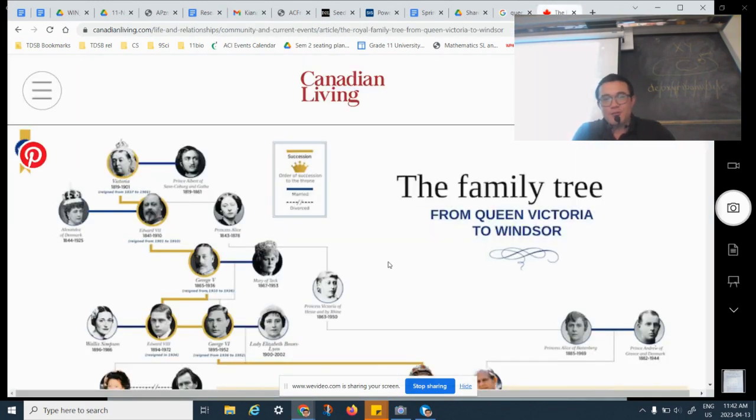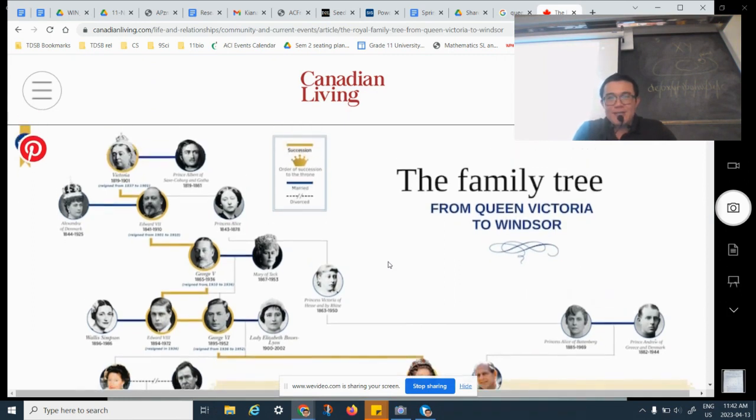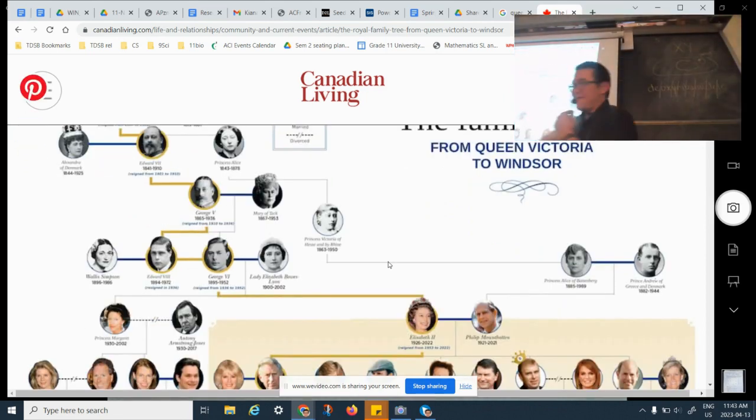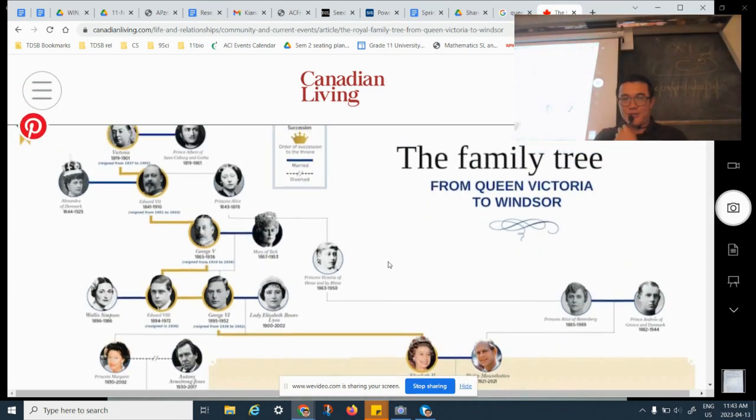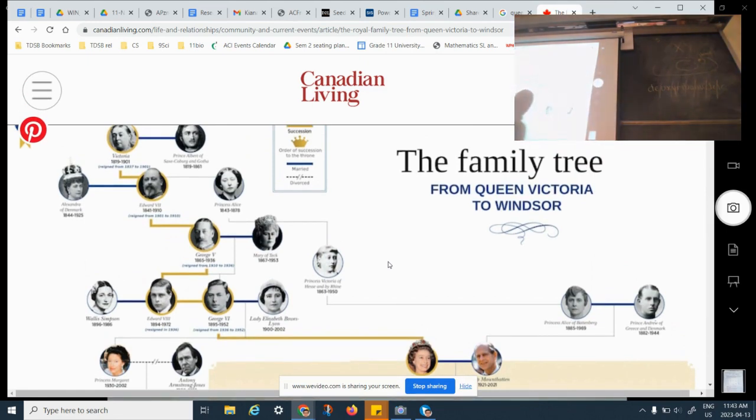Yep, I do. So in this family tree, Queen Elizabeth is here. Queen Victoria is one generation back, two generations back, three generations back, four generations back. So she would be Queen Elizabeth's great-grandmother.